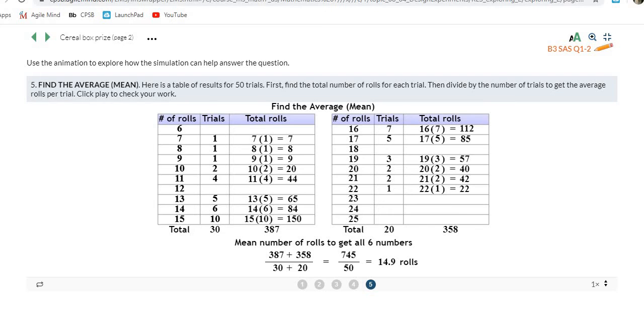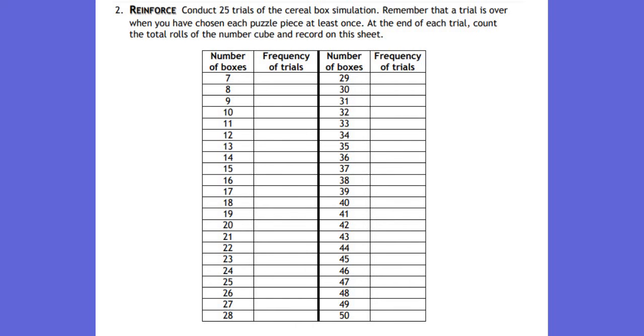So now we need to conduct the simulation, and we're going to conduct it 25 times, but I'm going to do one time for you. So here is how it would go.